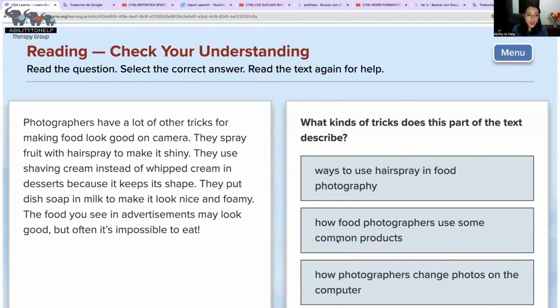They use shaving cream instead of whipped cream in dessert because it keeps its shape. They put dish soap in milk to make it look nice and foamy. And food you see in advertisements may look good, but often it isn't possible to eat.